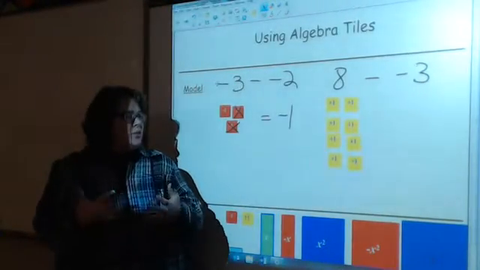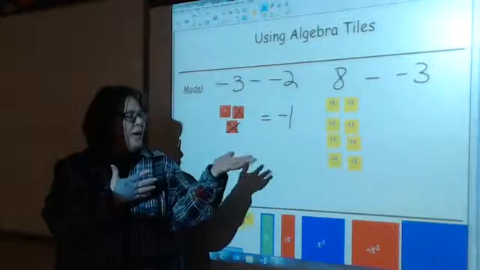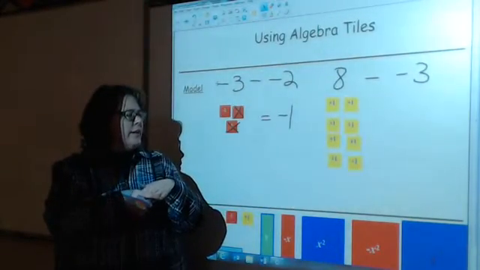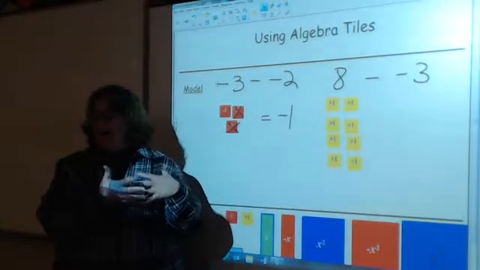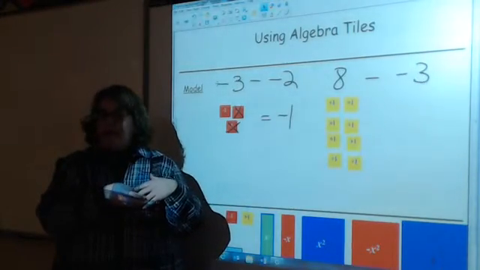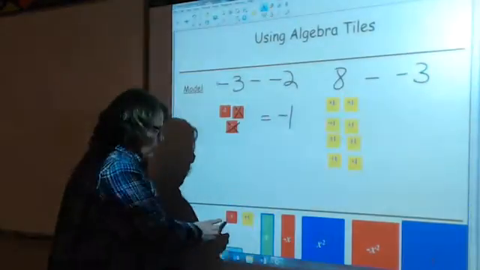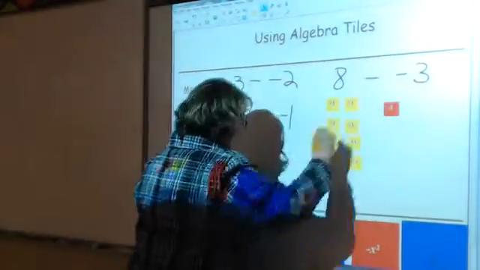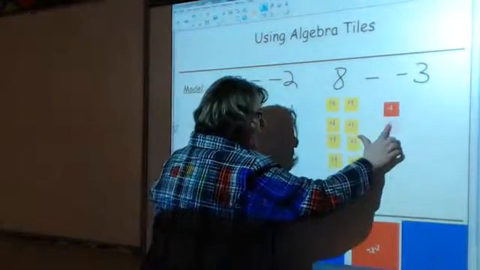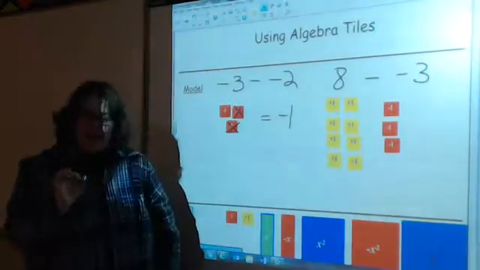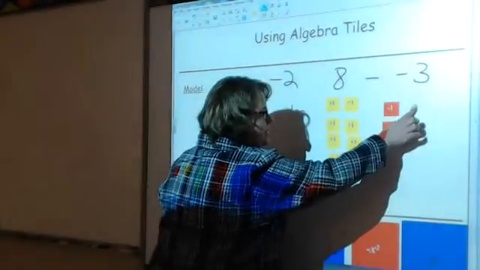I don't. So what am I going to do to take away my negative 3? The only thing I can do is to add a 0 pair. So I'm going to add a 0 pair in order to add my negative 3. So I need to add those negatives to it, but I can't legally add my negative 3 unless I also add my positives.